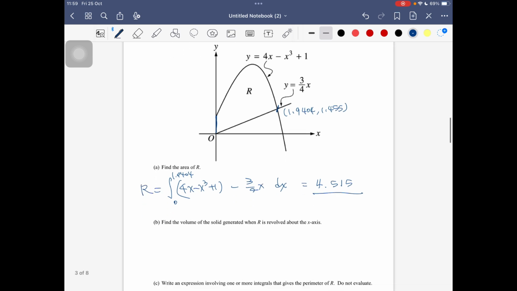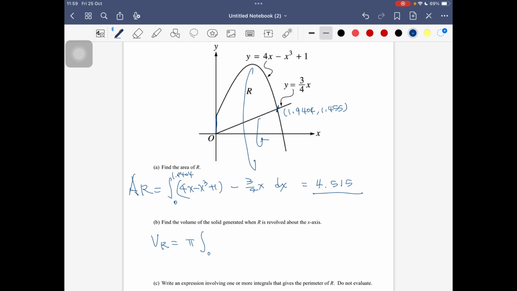And number B, area of R and volume of R. This is the volume of revolution. So pi y squared. We need to integrate pi y squared about the x-axis. If it is about the y-axis, pi x squared dy. So now pi, when we rotate it, we rotate the farther one, which makes the larger volume, and we subtract the smaller volume because it makes the hole.